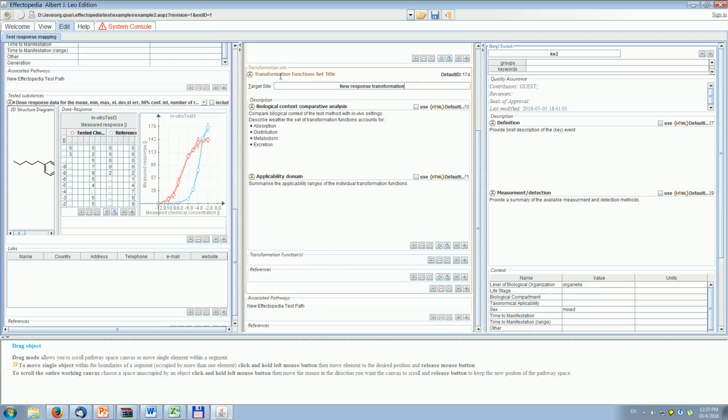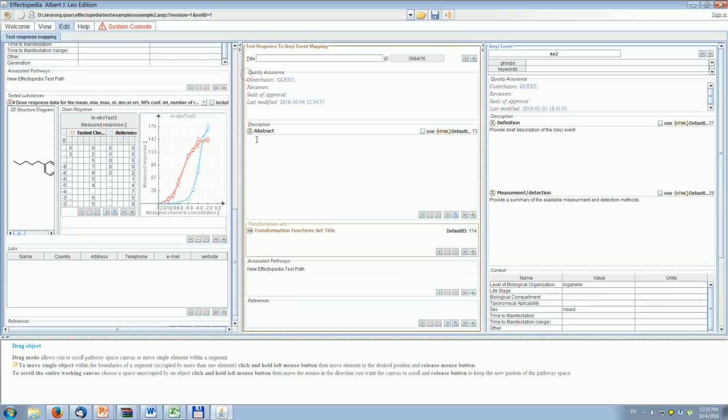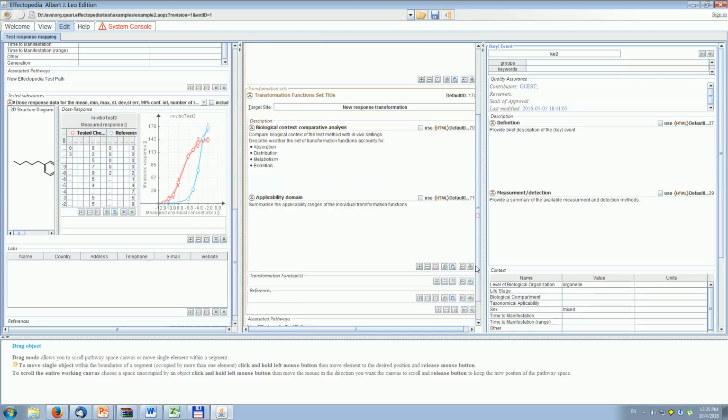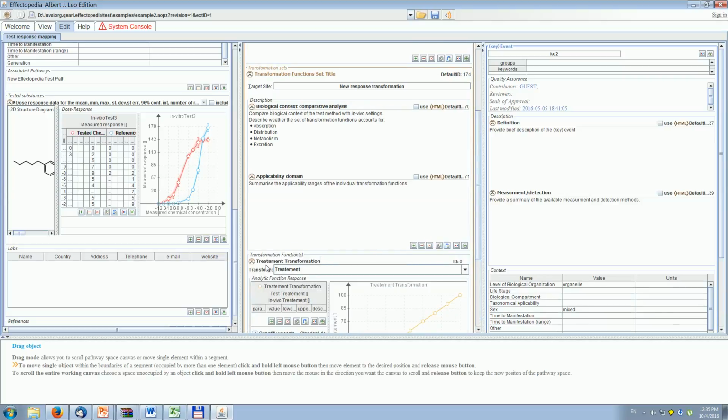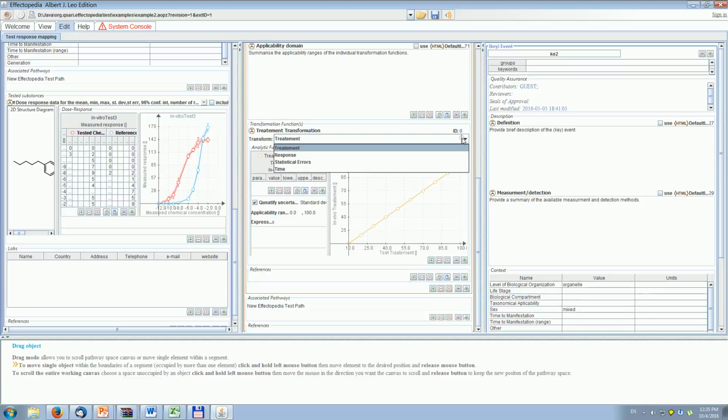And the transformation sets could be more than one, because we can define different models. In the most complex case, we might need to supply the whole ADME model here, which transforms the availability of the chemical to the one that is relevant at the target site in vivo. But in this case, we're going to just define two simple functions. So I'm adding here at the transformation functions one function that is going to transform the response of the assay.